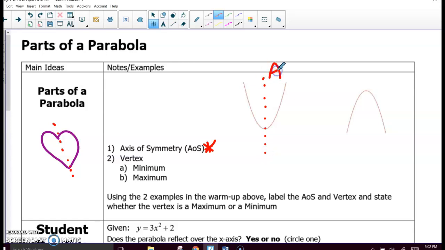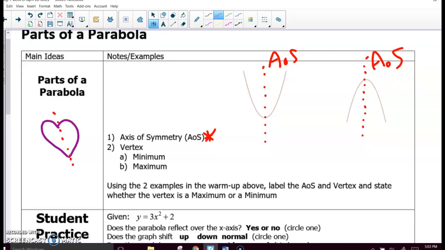I'm going to label it AOS. This parabola also has an axis of symmetry. In fact, every parabola has an axis of symmetry because it is a mirror image of itself on both sides of that line.